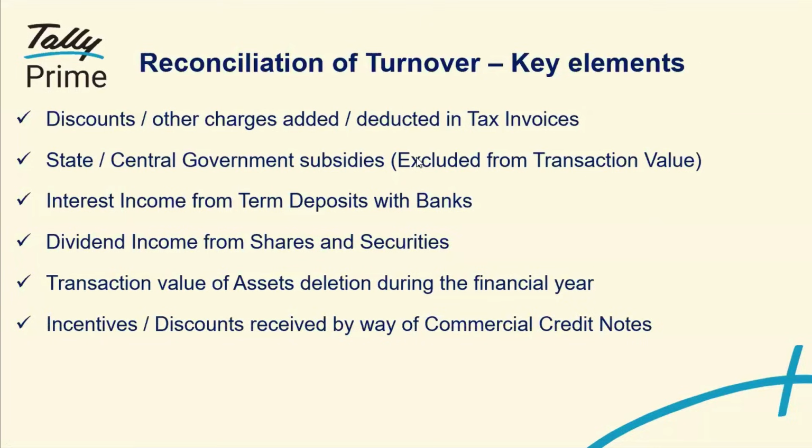Then, as far as discounts are concerned, there is a peculiar category of incentives and discounts received on commercial credit notes. For this discount and incentive ledger, you have to set GST applicability as not applicable, because a separate circular on commercial credit notes says it doesn't require any GST implication.